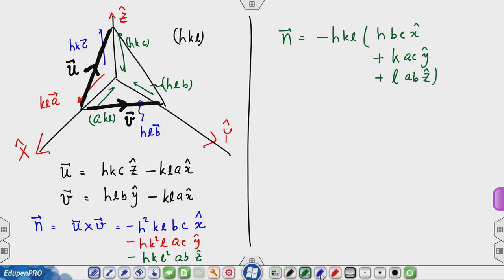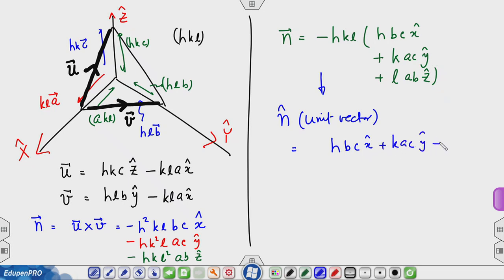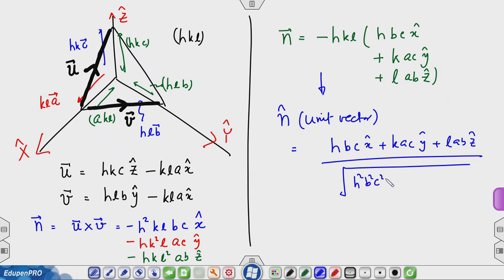Normalize it. The unit vector perpendicular to the plane is, I can ignore h k l, h b c x plus k a c y plus l a b z divided by square root of h square b square c square plus k square a square c square plus l square a square b square. That is the normal to the plane.